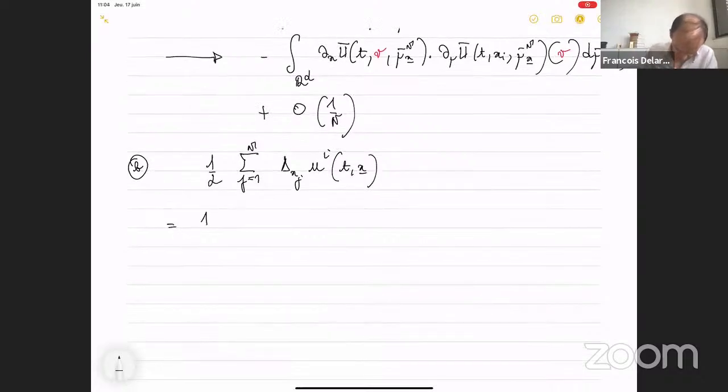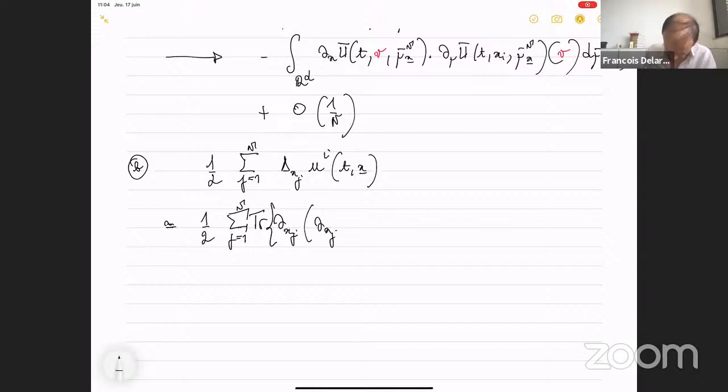And so what I say is that this is approximately equal to 1/2 the j's dxj. So there is a trace here, trace of this dxj of u t xi mu bar and x underline.